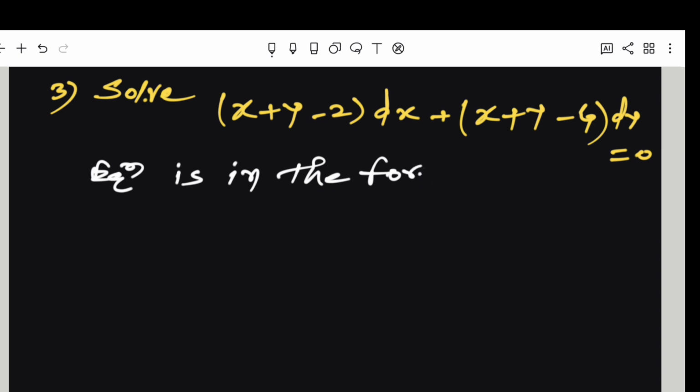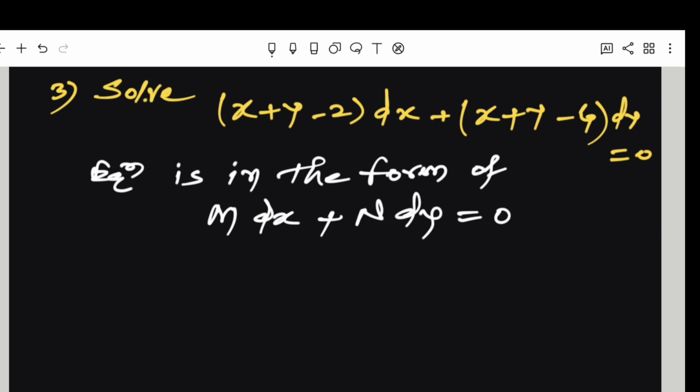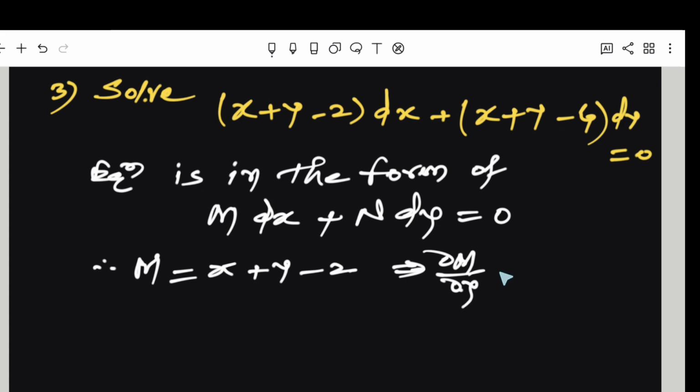Then the third problem, solve x plus y minus 2 into dx plus x plus y minus 4 into dy equals 0. It is in the form of m dx plus n dy equals 0. Always we start with this check. Therefore m, the coefficient of dx, is x plus y minus 2. Differentiating it with respect to y, we get the derivative as 1.